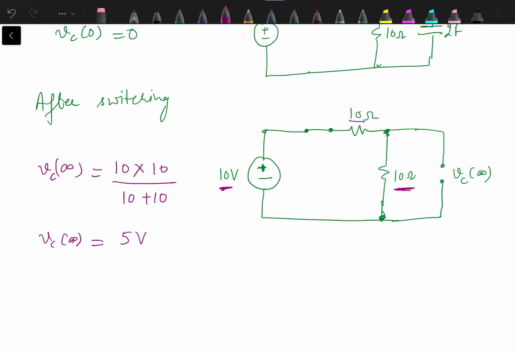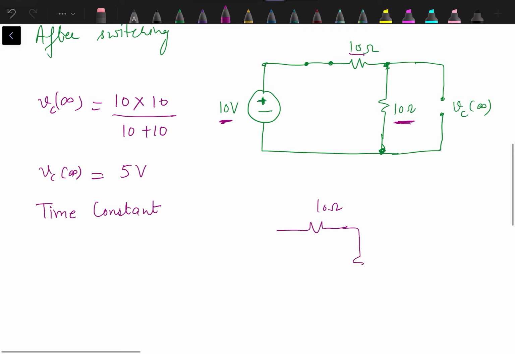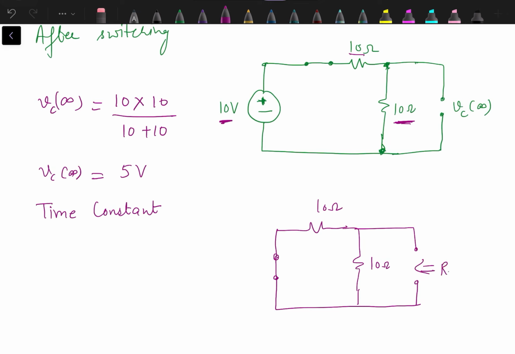Then next step is we have to calculate the time constant. Now for the time constant we have to draw the circuit again. 10 ohm resistance, 10 ohm resistance. Here we have the capacitor terminals. The voltage source has to be replaced by a short circuit, and we will calculate the equivalent resistance seen from the capacitor terminals.